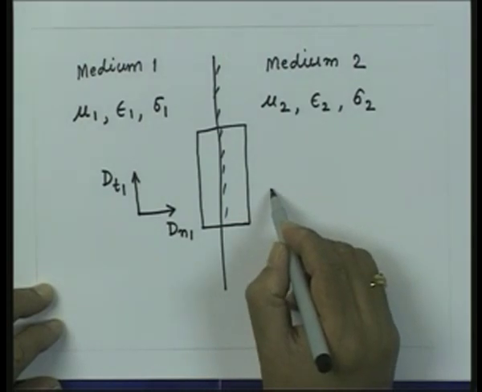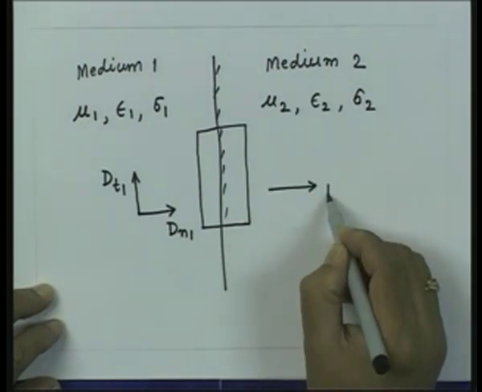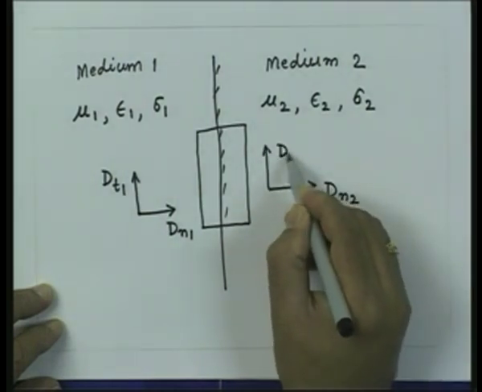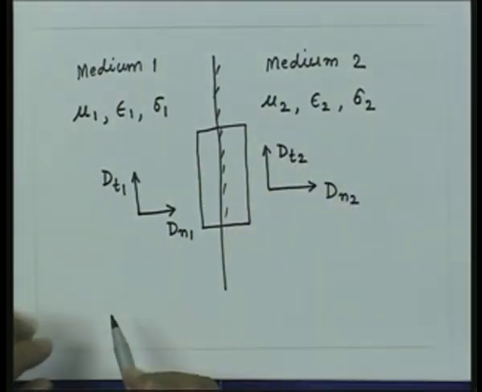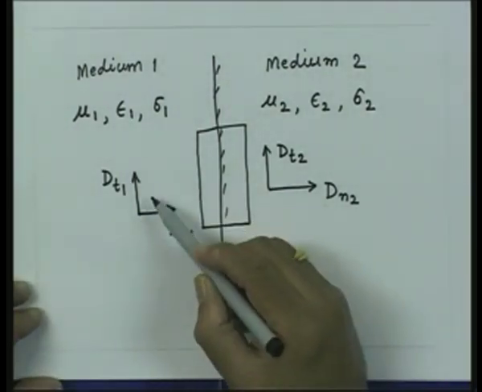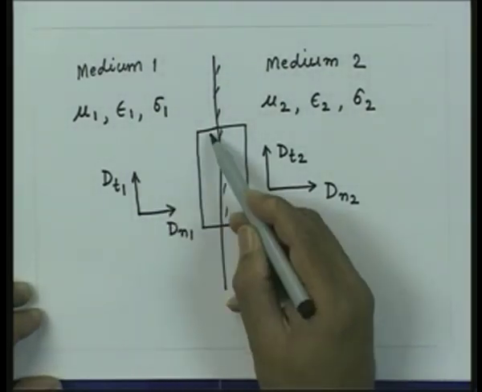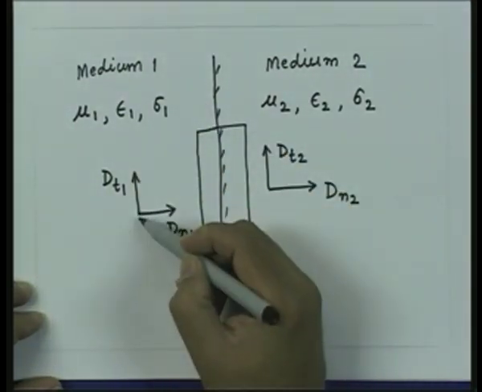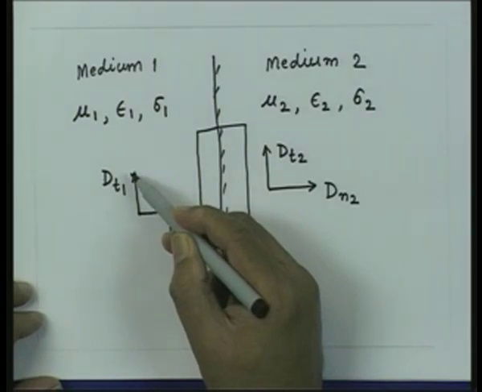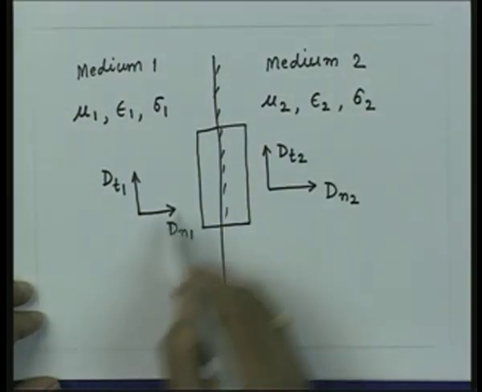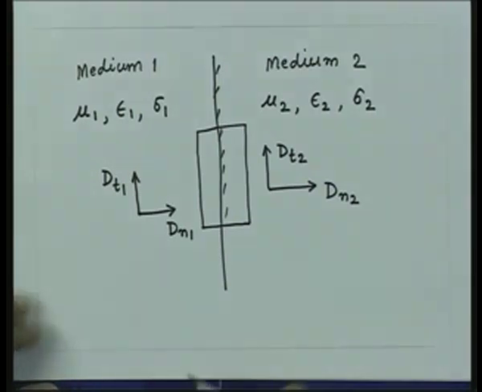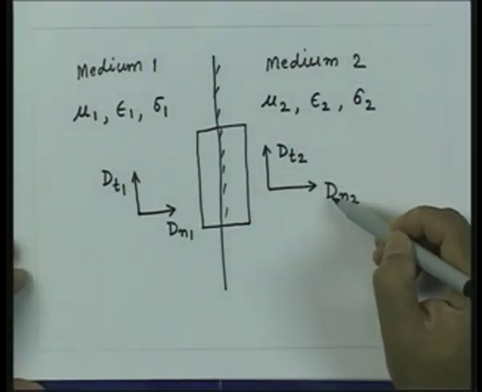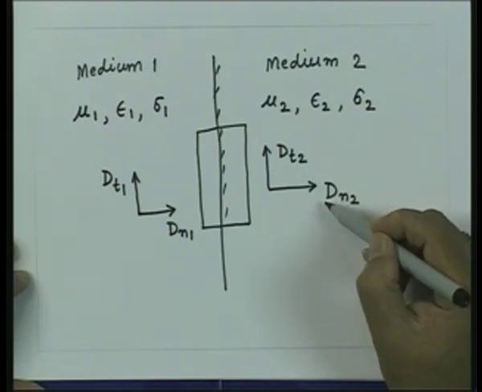Similarly here, if I take the component which is D_N2, and this is D_T2. So any general displacement vector in medium 1 close to the interface, I can resolve into two components: a tangential component and a normal component, normal to the interface, tangential to the interface. Similarly, I can have the tangential and normal components of the displacement vector in medium 2.